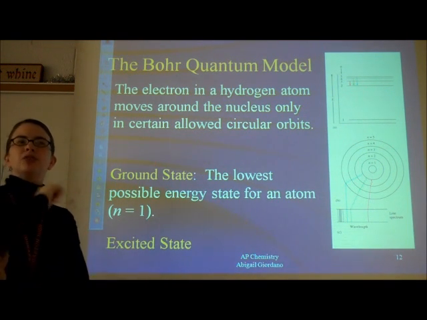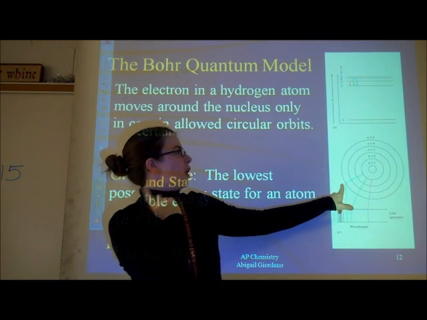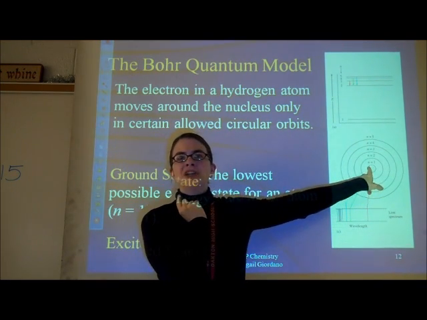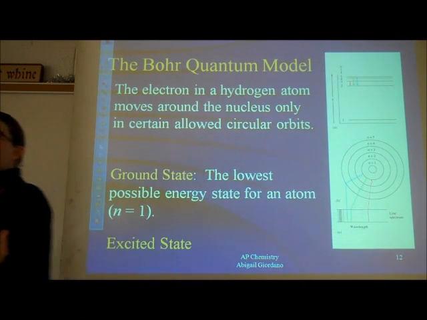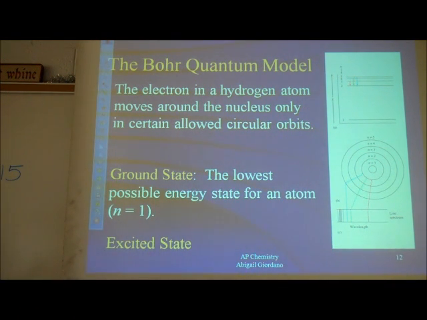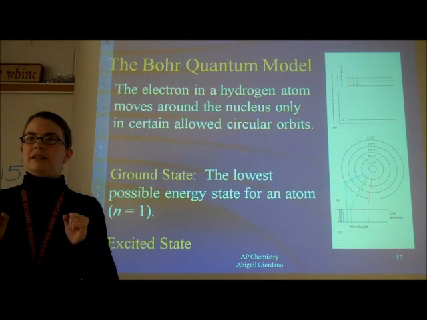Now let's bring it back to electrons. If an electron falls a long distance, it will release a high amount of energy. Folks, which end of the rainbow, red or violet, has high energy? Violet.